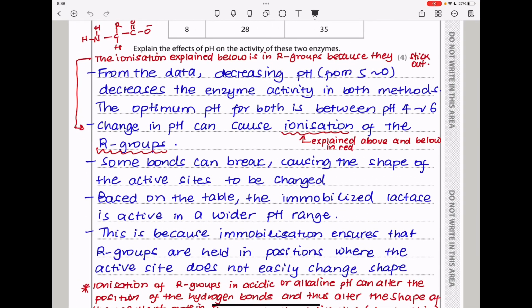So again, to emphasize, change in pH causes ionization of the R groups. Some bonds can break, causing the shape of the active sites to be changed. In this case, once the R groups are ionized, some hydrogen bonds are going to be broken in specific areas, or some bonds are going to break, and when they break, it means the structure of the protein is going to be altered.